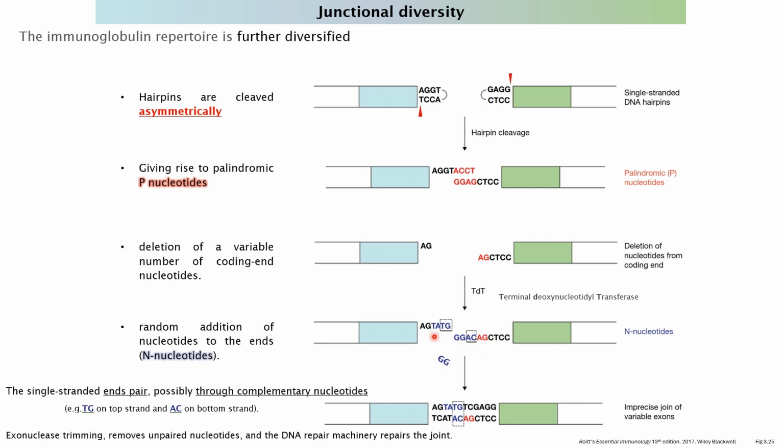Then finally, also some nucleotides may get removed from there. There will be along here some area of matching, and in this example, there's a T and a G and an A and a C that match up. So there's obviously not a complete match, but there's a small region within this that can match up, and then the gaps are filled in, which again is kind of a random process.